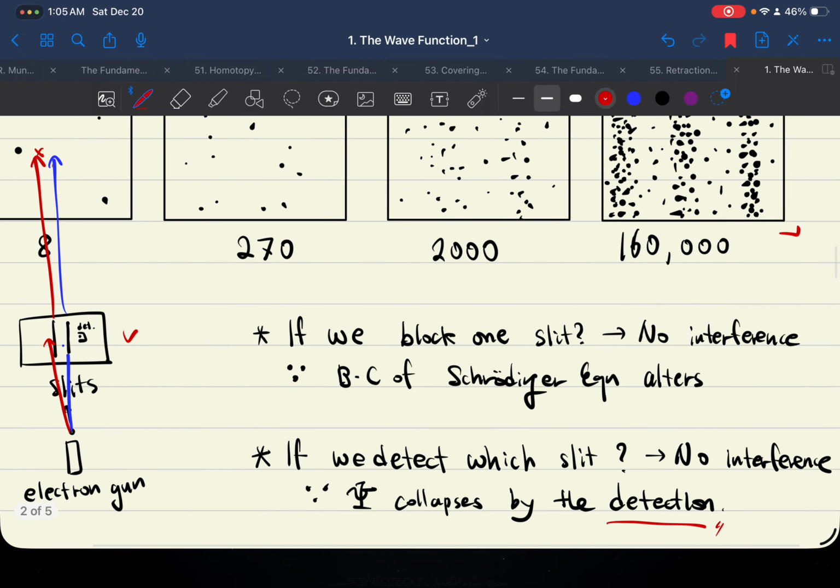If we block one slit, there is no interference. Why is that? The boundary condition of the Schrödinger equation alters. If we detect which slit the electron goes through, there is no interference. Why is that?